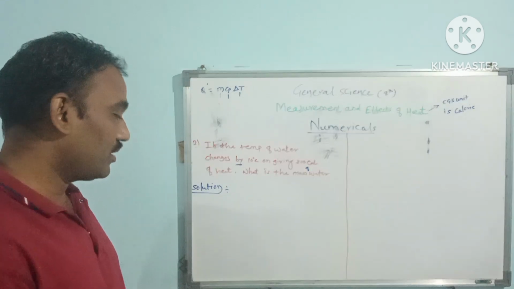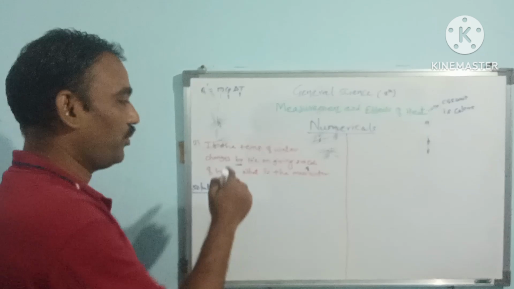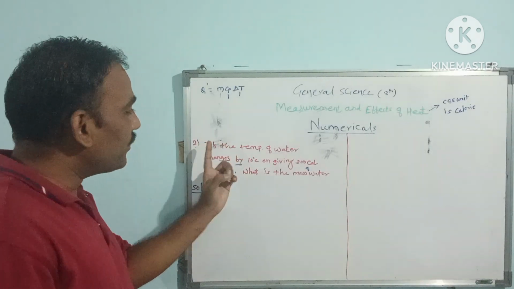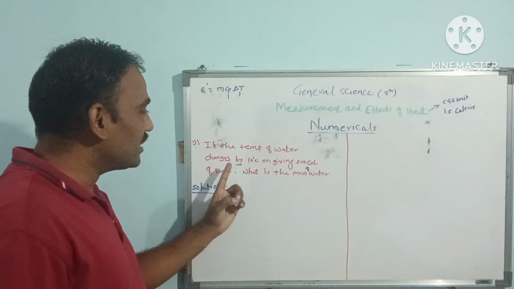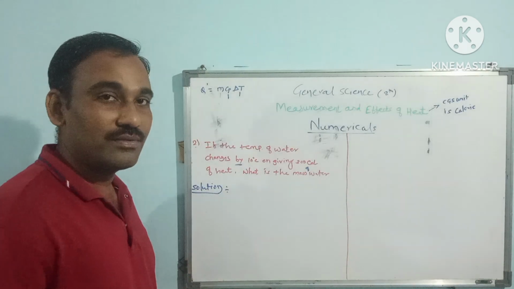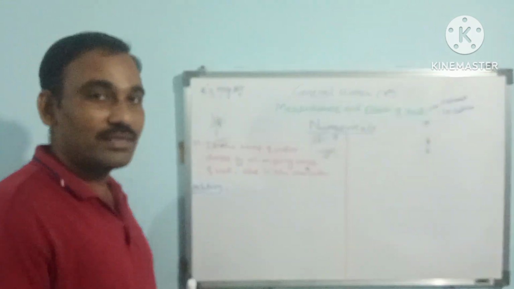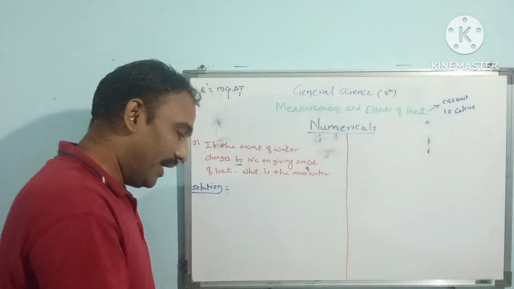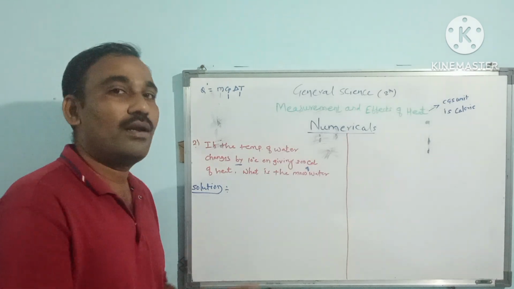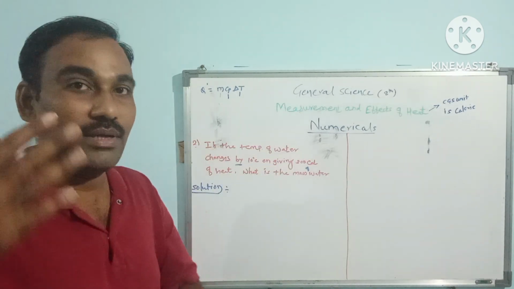What is the word used here? This is the key point or keyword. If the temperature of water changes by 10 degrees Celsius, it means it was x temperature, now it is x plus 10.